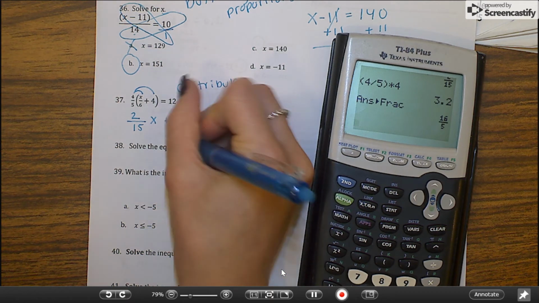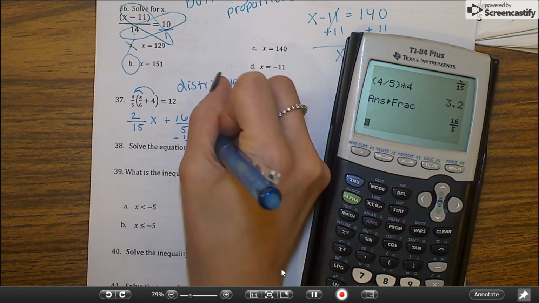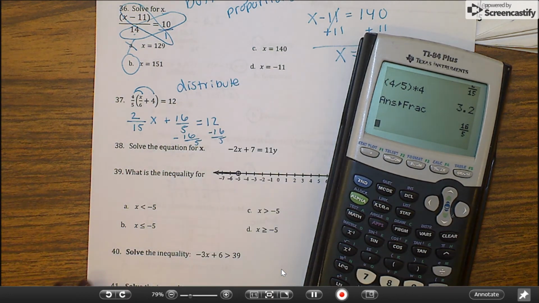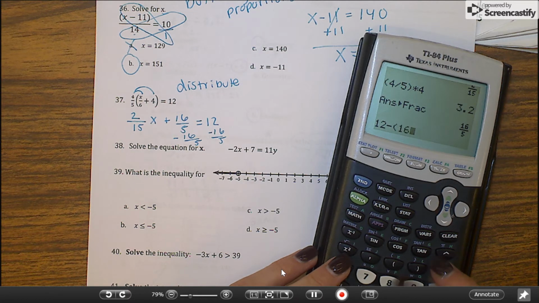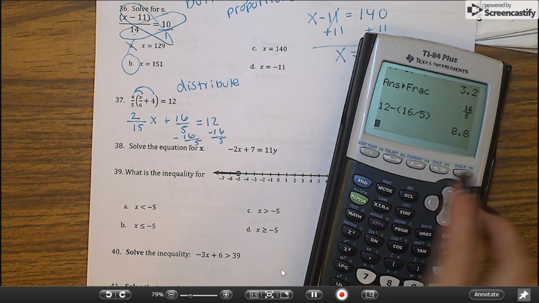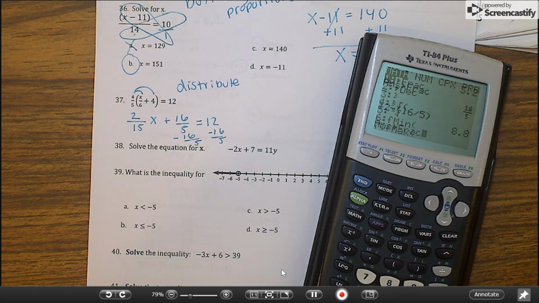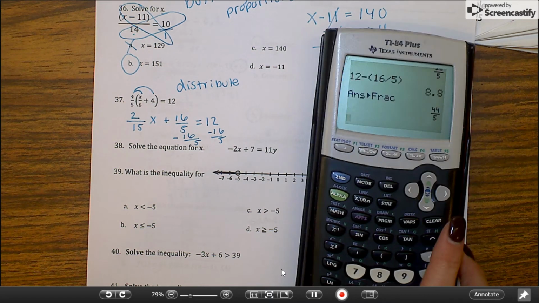I have to subtract 16/5 on both sides. As a fraction, I get 44/5.